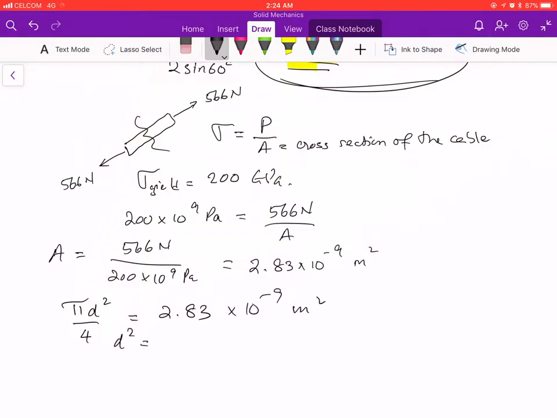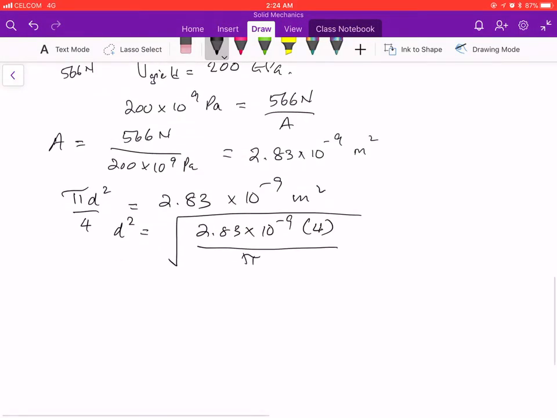So I take 2.83 times 10 to minus 9 times 4 divided by pi, then take the square root of that, and d is 0.0001 meter.